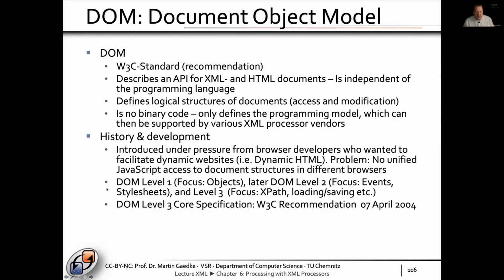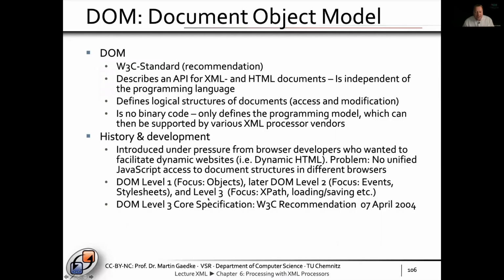So regarding the standard itself, this is a standard which comes in a set of different documents. There is the document object model level 1, where the focus is on objects. So here you find all these specifications of objects and structure. Level 2 focuses on events and style sheets. We will talk about style sheets and all these kinds of things later on in the context of XSL.